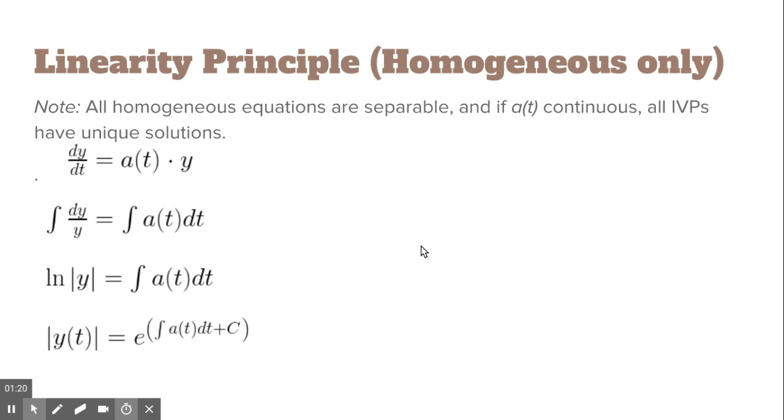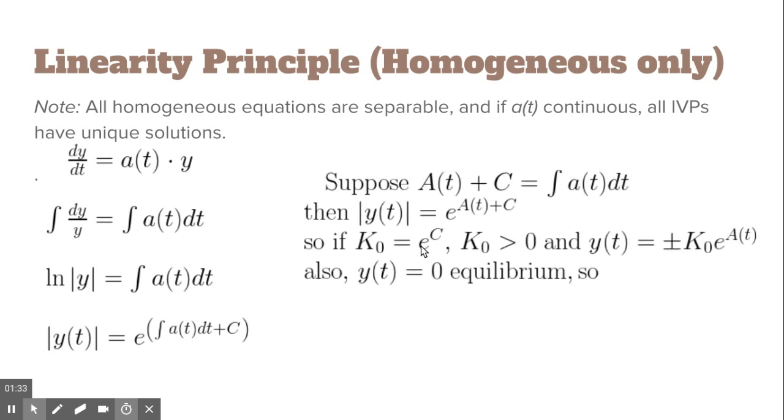You can see that generically, in the abstract case, I might not actually know what the antiderivative of a of t dt is, and therefore I've tried to write it informally. But let's suppose we did have some function, capital A of t, which was an antiderivative for that a of t appearing in my ODE, and therefore that capital A of t plus generic constant c could be representing the indefinite integral.